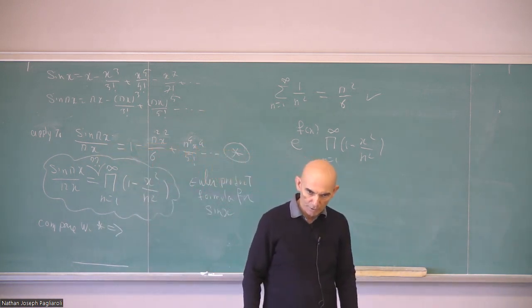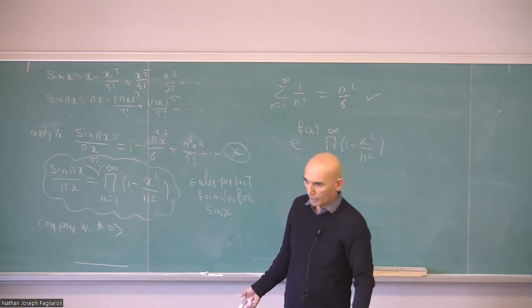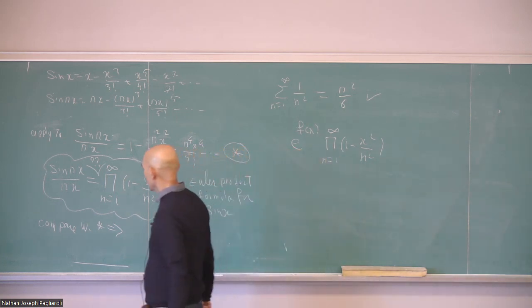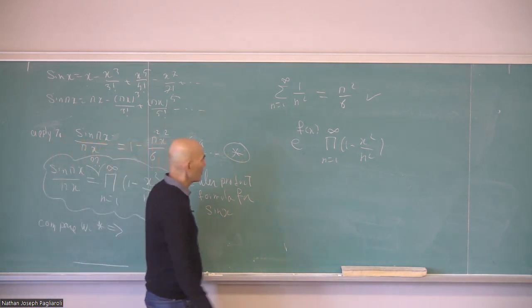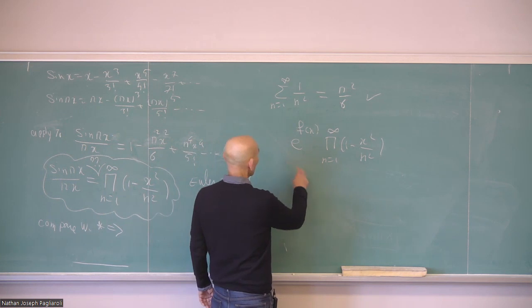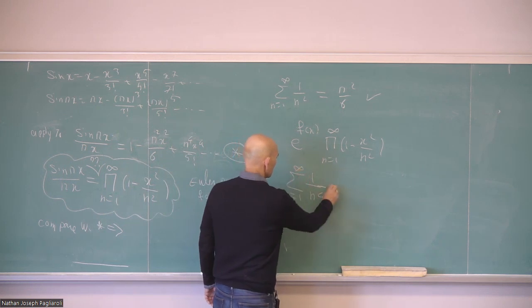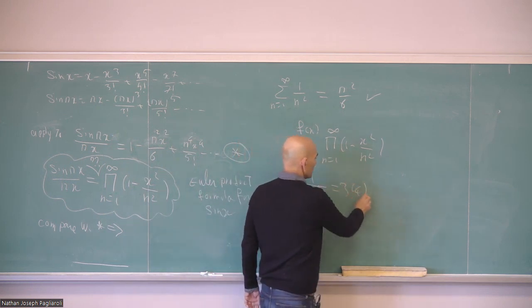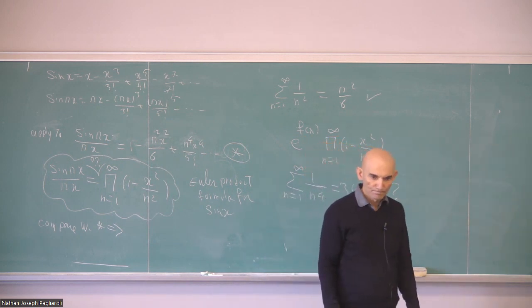There's no problem with the argument. So this was a big discovery of Euler, after all, and this is a big method. And now, how did he then compute these ones? Okay, so this is the next thing. How did he compute zeta 4?